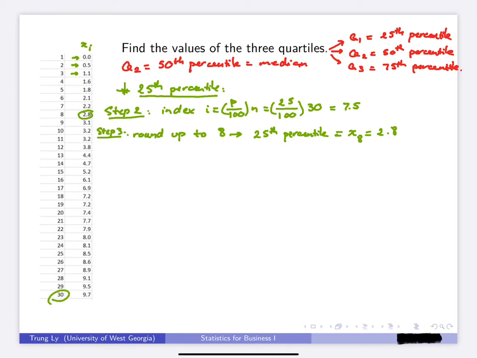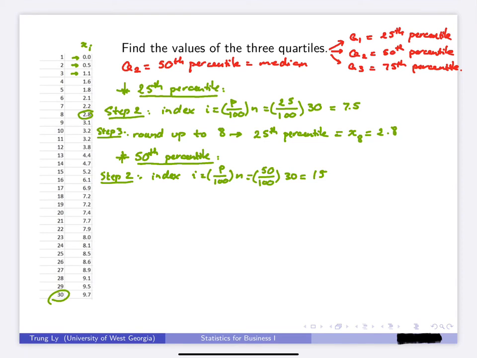Okay. So that was the 25th percentile. Let's now look at the 50th percentile. We start by finding the index, which is equal to P divided by 100 times the number of observations. So here we have 50 divided by 100 times 30, and that's going to be 15.